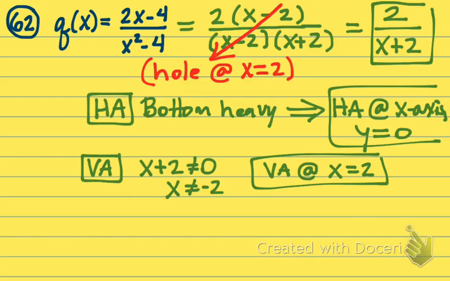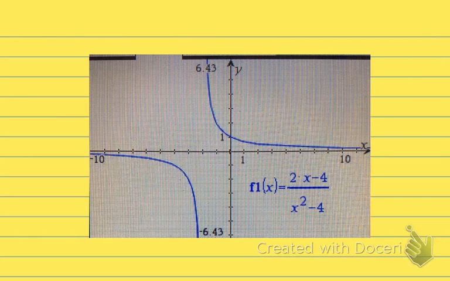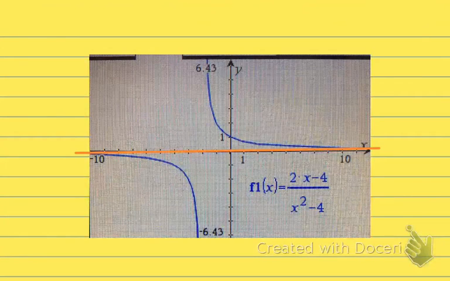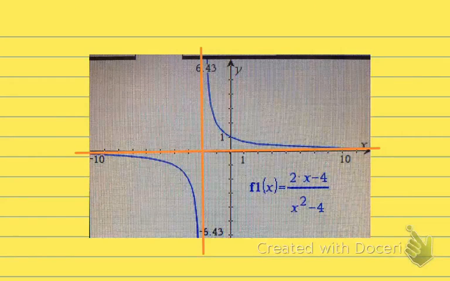Now let's confirm that by taking a look at the graph really quick, and here it is. So as promised, we had a horizontal asymptote at 0, and we have a vertical asymptote at -2, which is right here. And remember, the graph lies to us about whether or not we have a hole, because it can't make one.